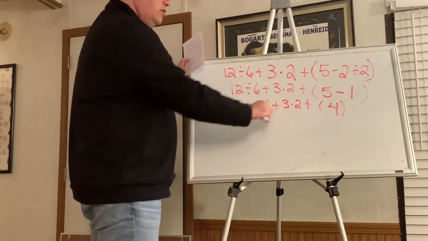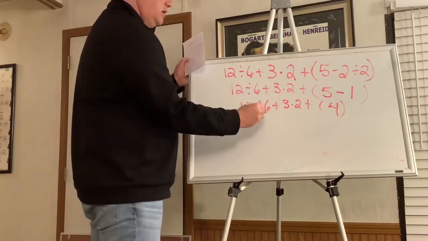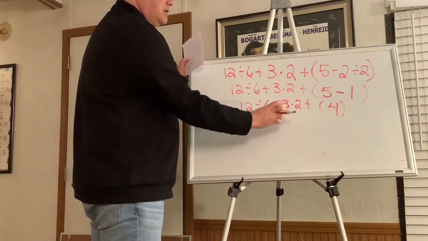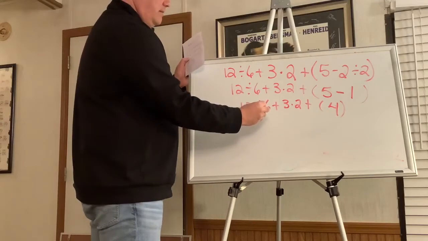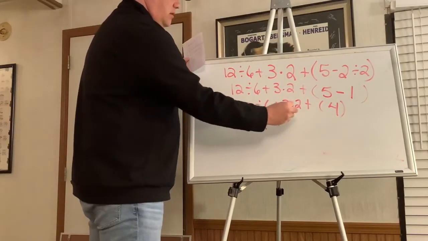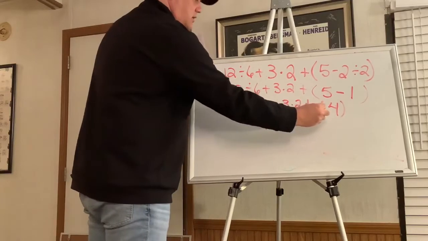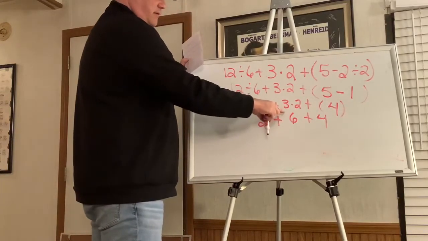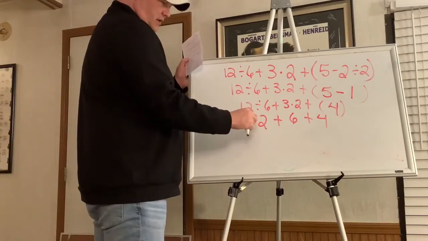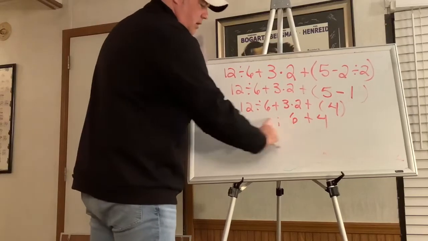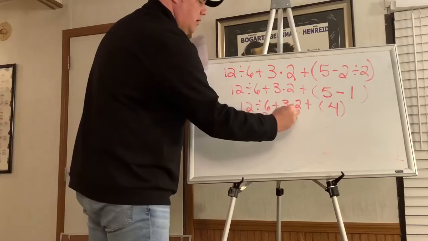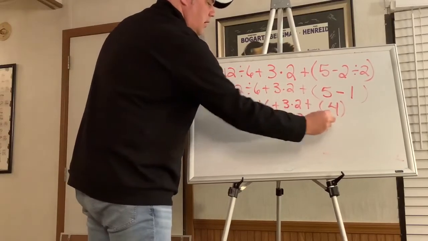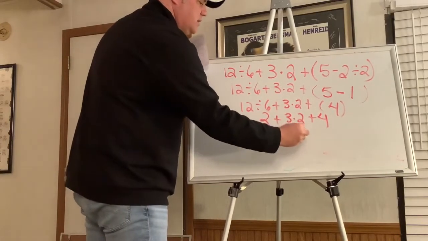Now you can go through, you can do your division before your multiplication, but you can actually do these two together, and I'll show you what I mean. You can do this separate, then this one, as long as you're not doing the addition first. But if you need to still go step by step, it's 2 plus 6 plus 4, and then you could go 2 plus 6.